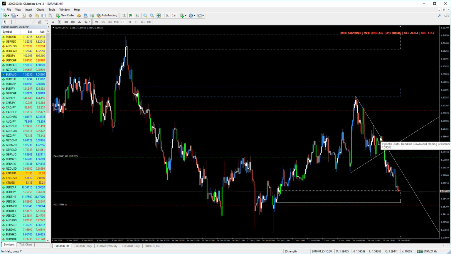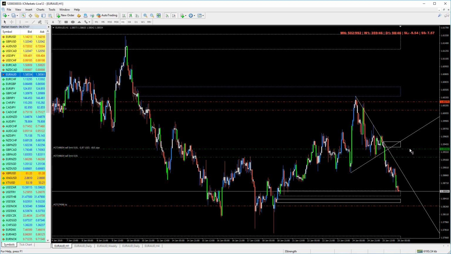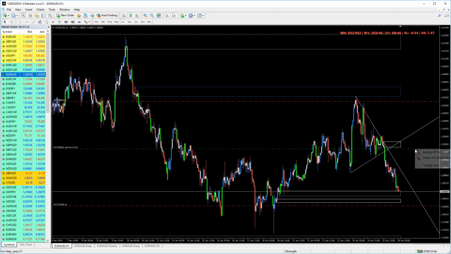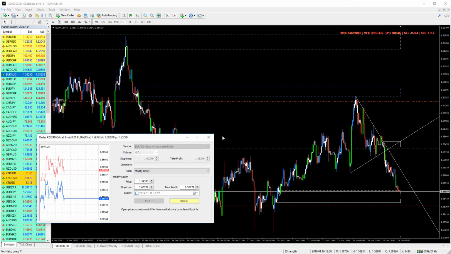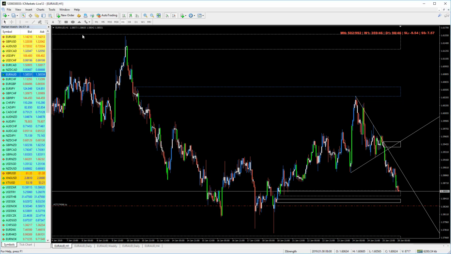The origin of the push lower is here. So you can go something like this. Matter of fact, I'm going to do this. I just put this in around here, and put my stop well above.